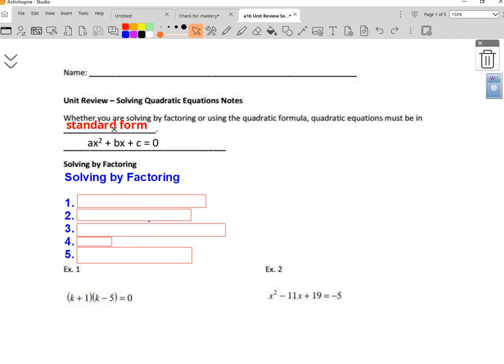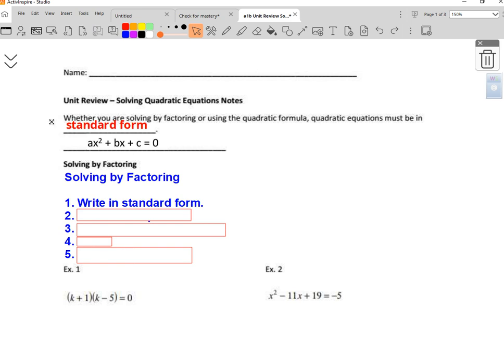So here's your two blanks I've uncovered. If we solve by factoring, the first thing we do, so we reviewed factoring yesterday: when you solve a quadratic equation by factoring, the first thing you have to do is make sure it's written in standard form.